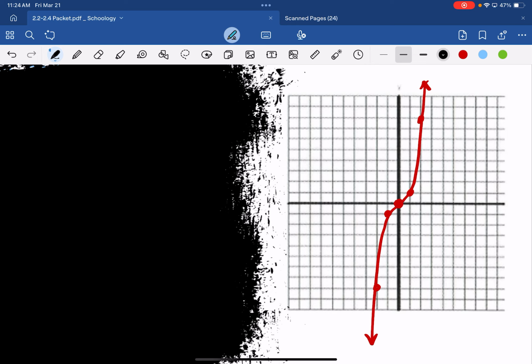Like, would the domain and range be the same?